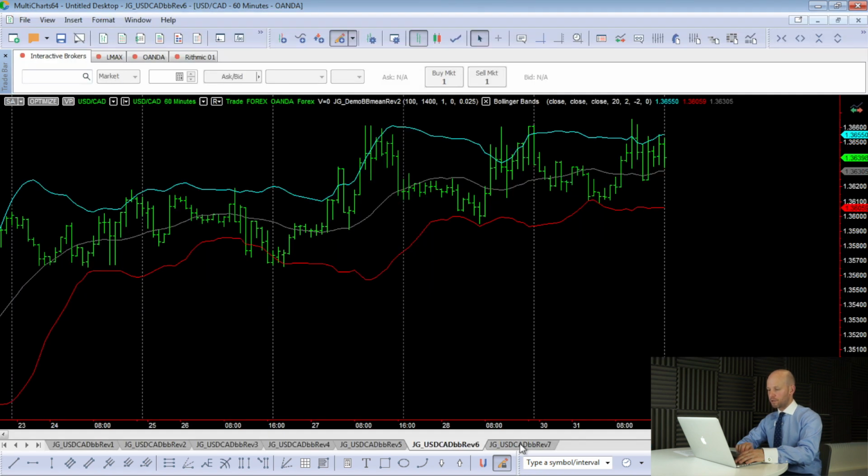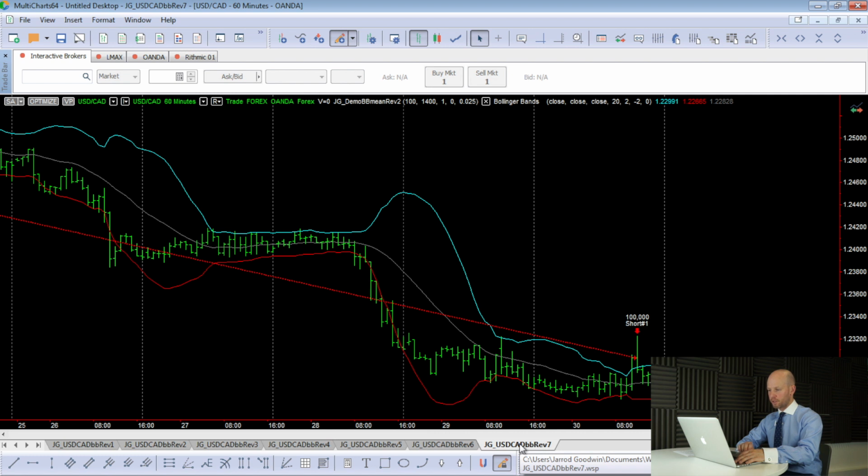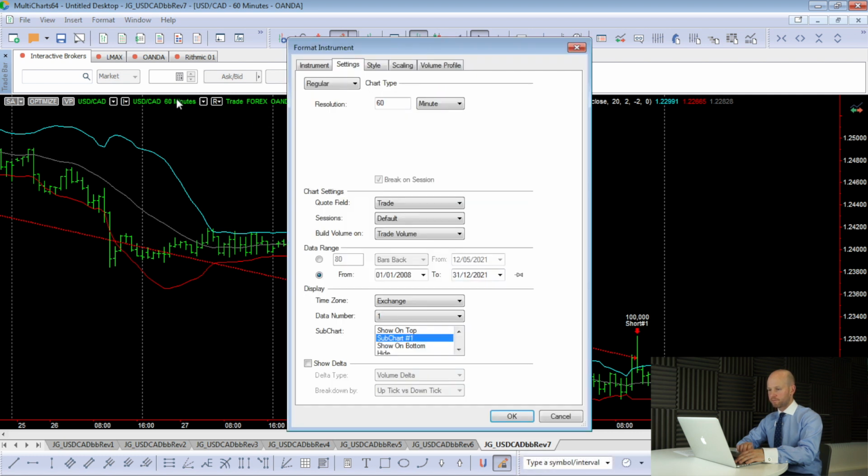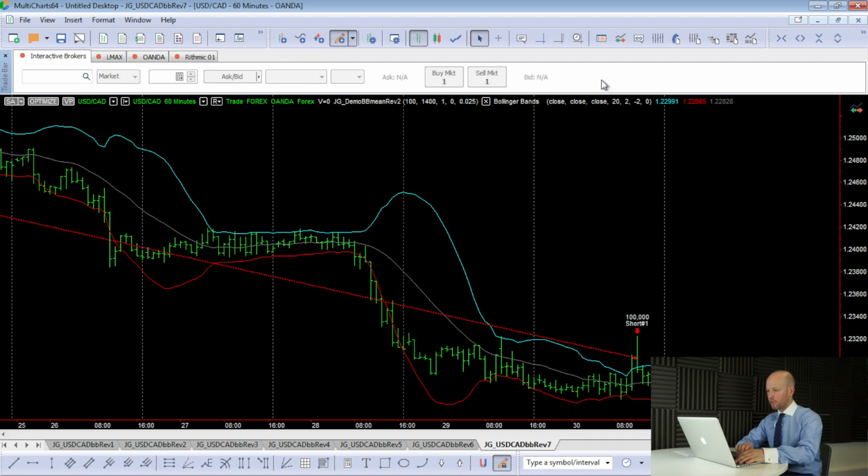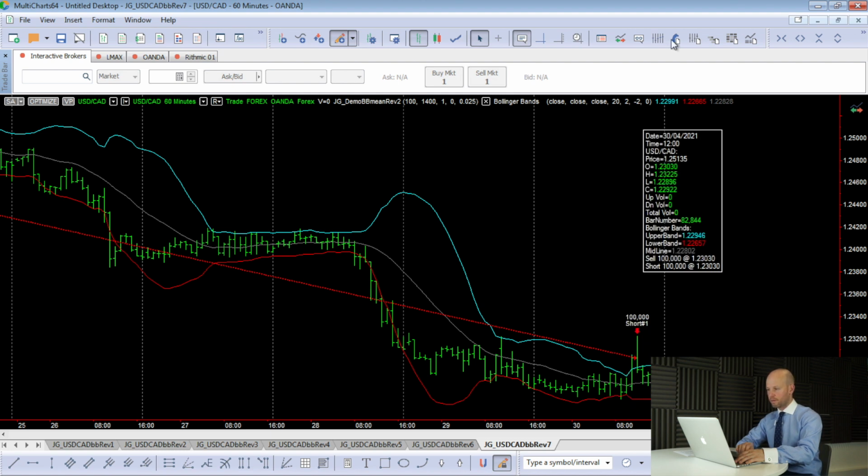And the last thing I want to do is look at that out of sample data. If we look at this chart here, we can see we're using data from the 1st of January 2008 through till the end of 2021. Realistically, if we look on the chart, we've actually got data through till the end of April 2021, because that's as much as I've got loaded at the moment.